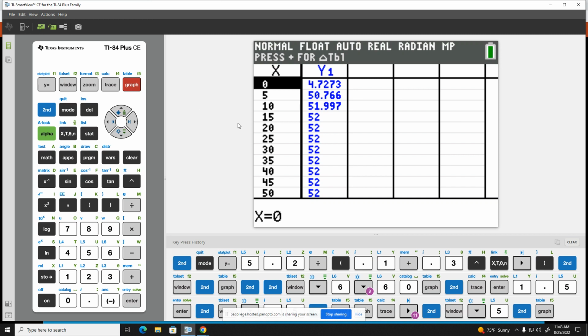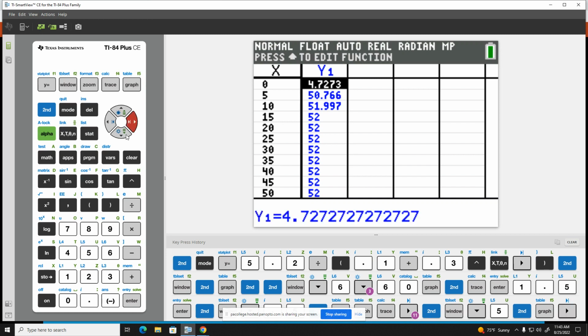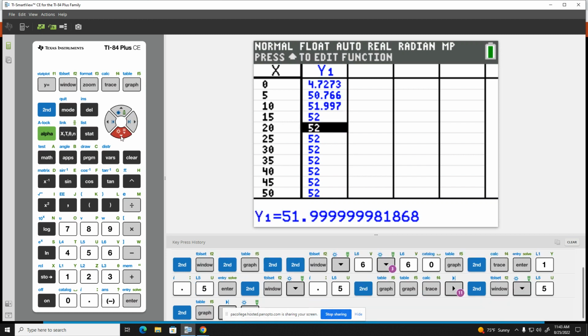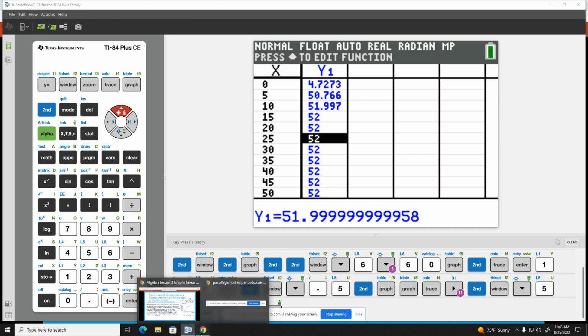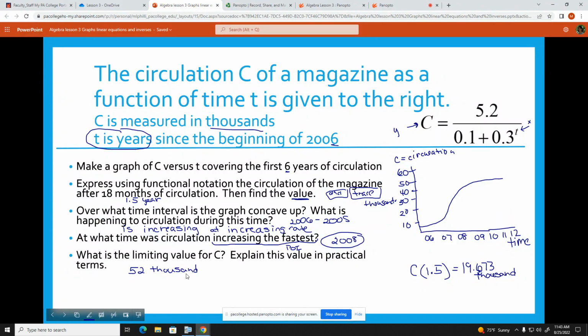If I arrow over here and look at these exact values, I see that they all are very, very close. And then we get to the point where the calculator just has to round to 52. And so from what we had seen initially when we drew our graph, the 52,000 is the limiting value.